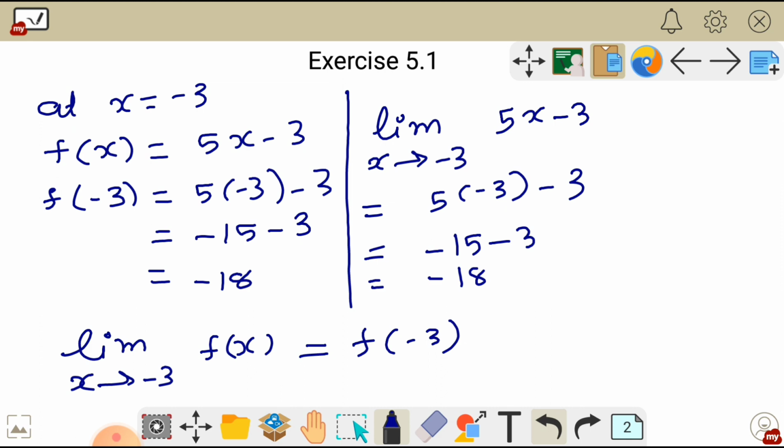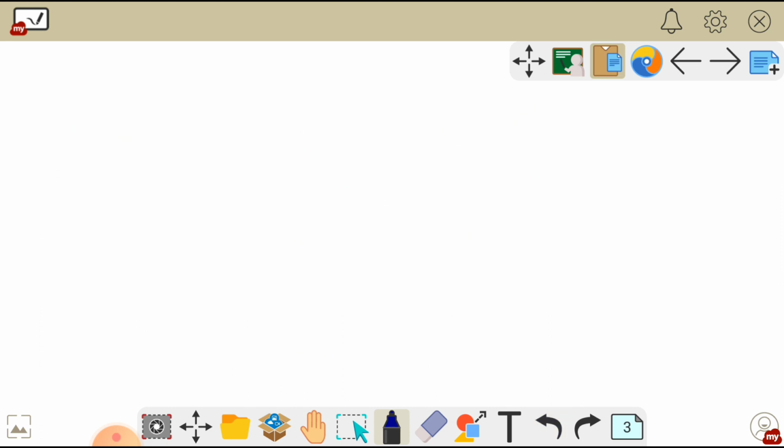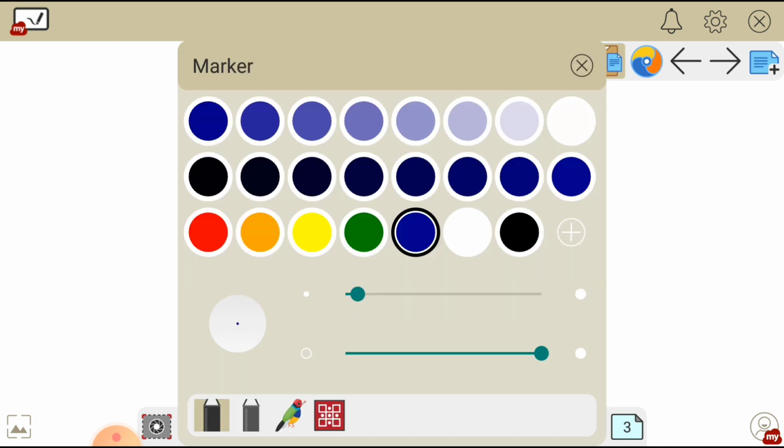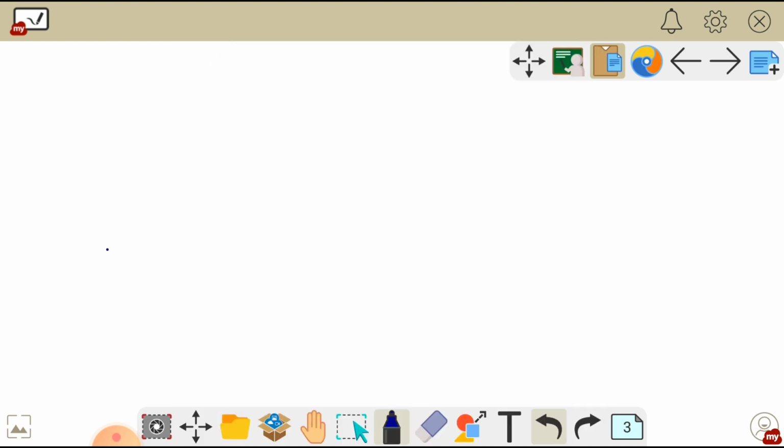Now similarly for x equals 5, let us write down x equals 5 and our function is 5x minus 3.